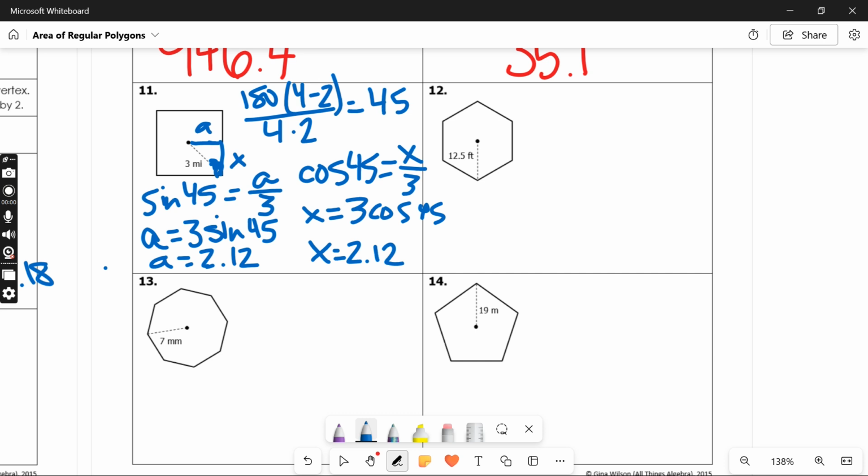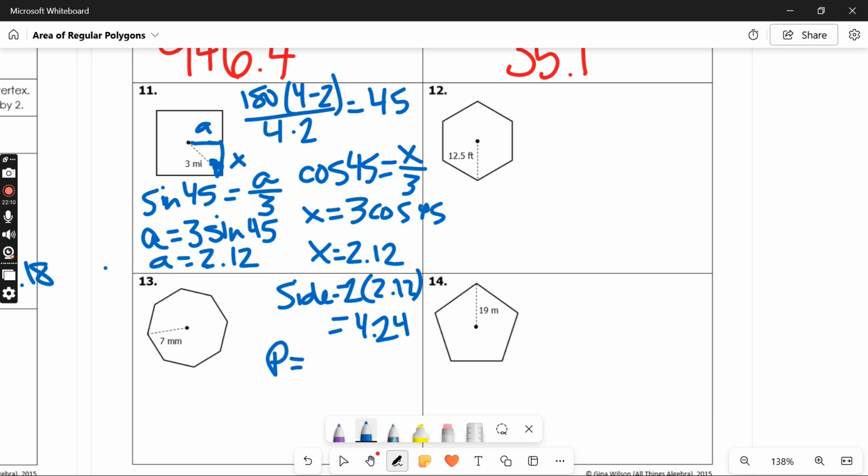Now, these aren't normally the same. It just works out in this case because it's a square, because that angle is 45 degrees. Remember, X is only part of my side, so I'm going to have to multiply to find my side length. I'm going to do 2 times 2.12. I know I'm writing on number 13. You shouldn't. So my side length is 4.24.